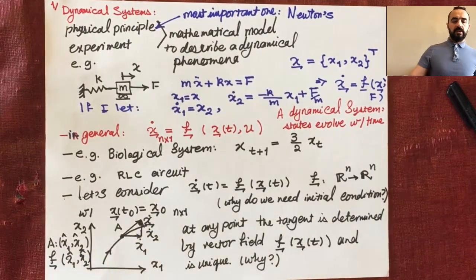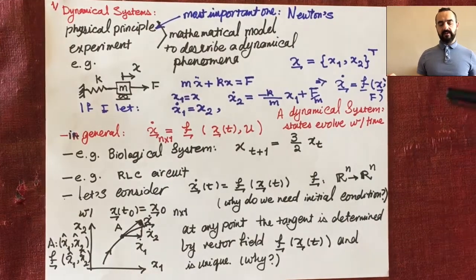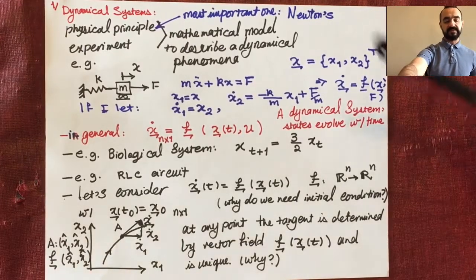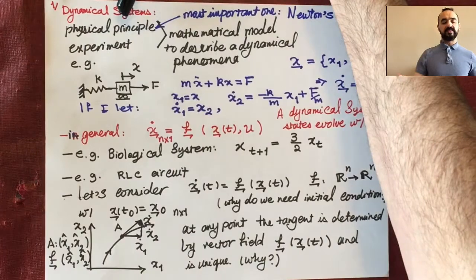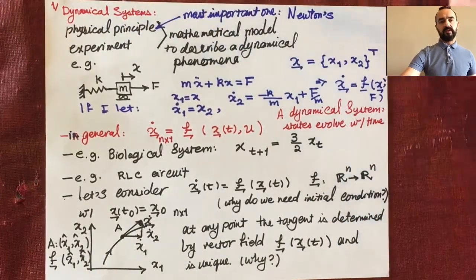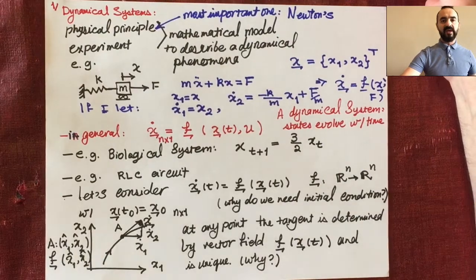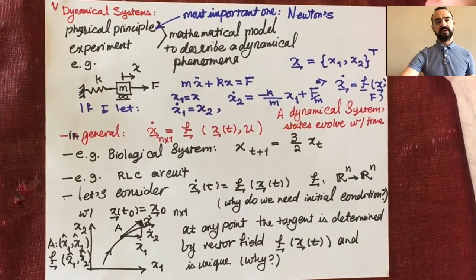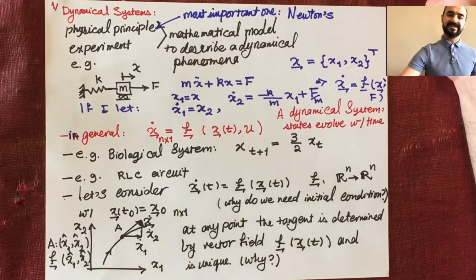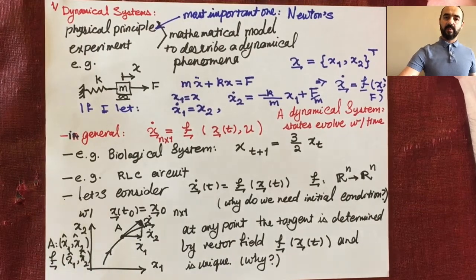So there are two ways we can describe and find the model of the system. We can use physical principles. The most important one is, for example, Newton's second law. We can use Newton's second law to describe how the states of a mechanical system vary with time.